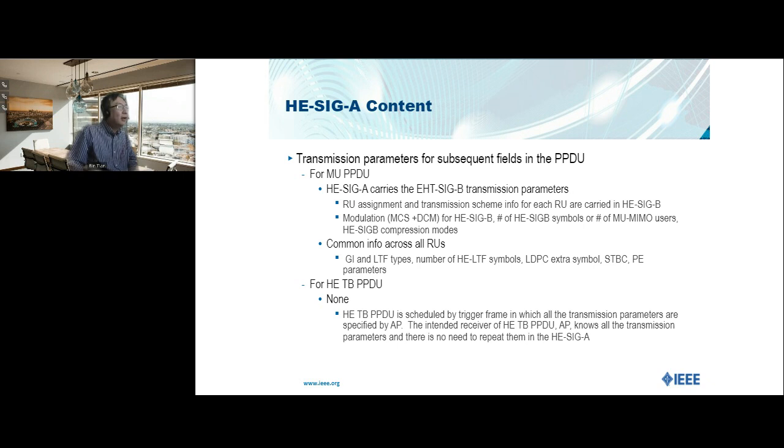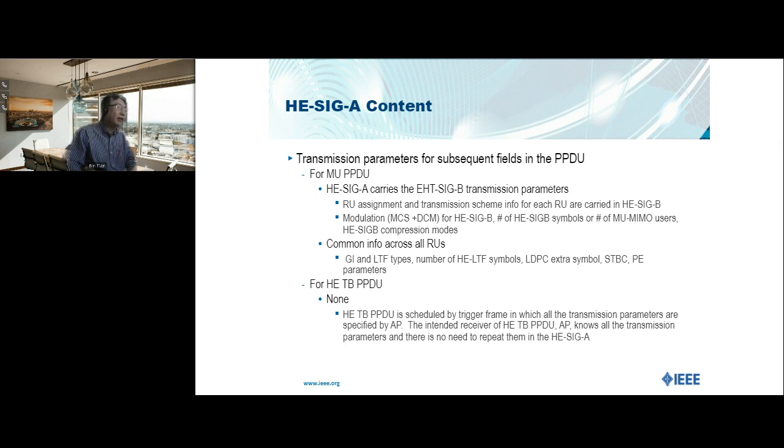So for the MU PPDU, all this assignment and all this data transmission information is carried in the SIG-B. So actually SIG-A only needs to carry the SIG-B transmission parameters, for example, how long SIG-B is, or what modulation we use for SIG-B.